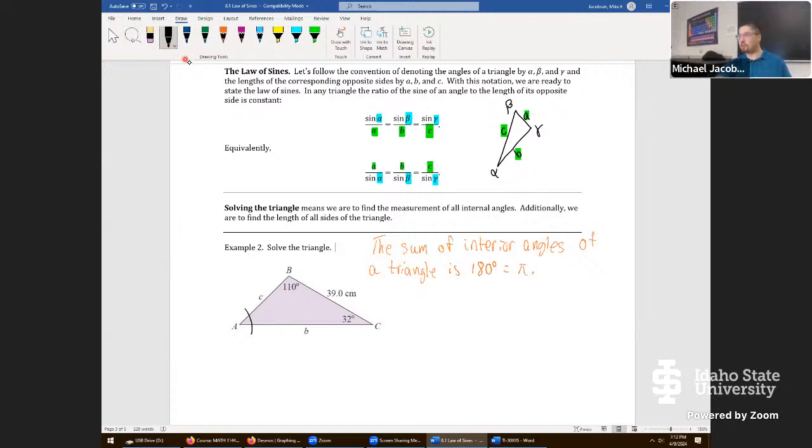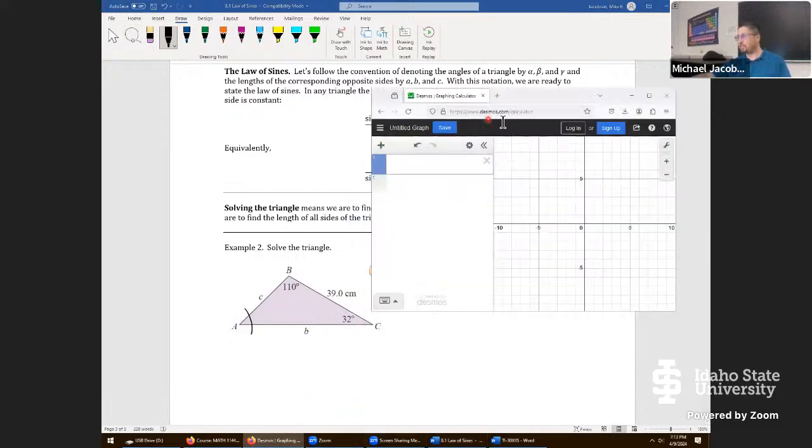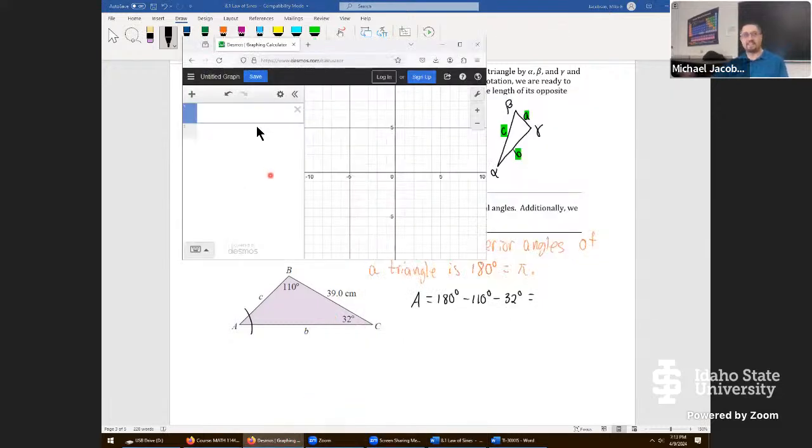But that means we can start by finding the angle A as A equals 180 degrees. And as folks said, subtract 110. Subtract the other angle, 32 degrees. And we're on our way. Well, let's just treat ourselves to a calculator. Why work so hard?